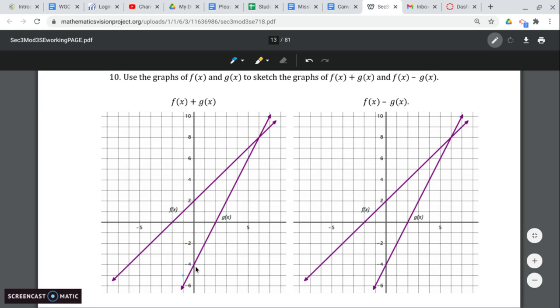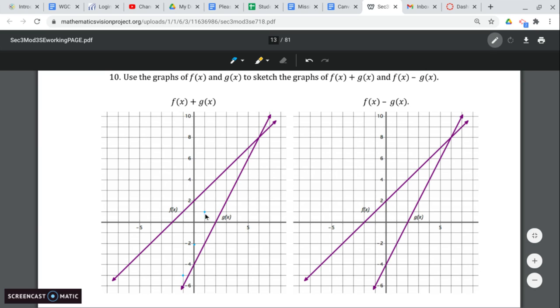2 plus negative 4 is going to give us negative 2. 3 plus negative 2 is going to give us a positive 1.